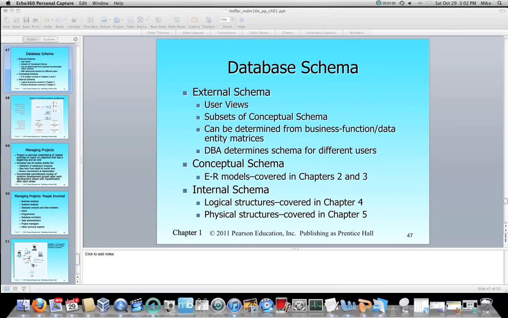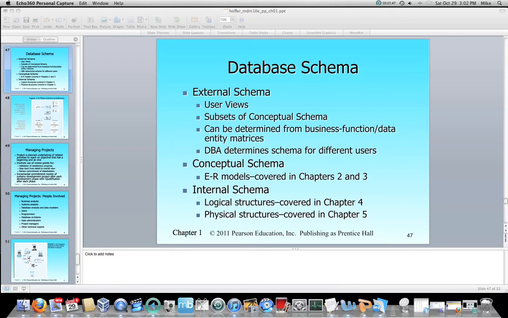Right, so usually a user interacts or interfaces with a database through an interface. So some kind of application that's been developed, whether it's a browser interface, whether it's Microsoft Access data entry forms, Oracle forms, forms designed in SQL Server, anything like that. So how do users access the database?